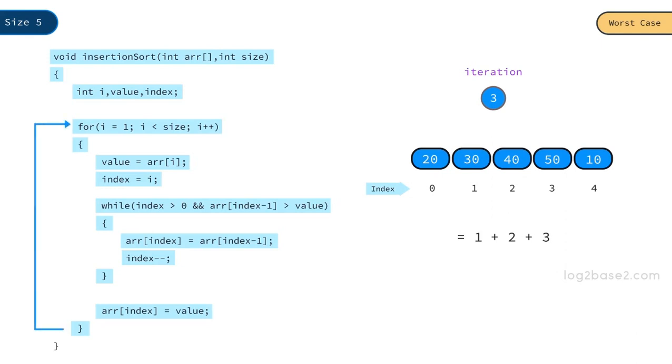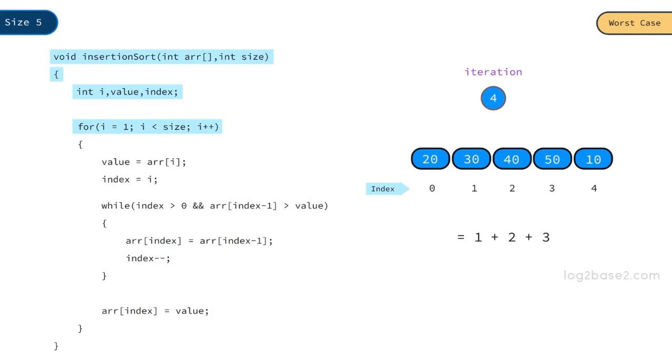Next, when i equals 4, as usual the while will be checked and it will be true, so the inner statements will be executed. In the second, third and fourth iterations the condition will also be true, so the inner statements will be executed each time. And in the fifth iteration of the while loop, i will become 0, so the condition will fail.